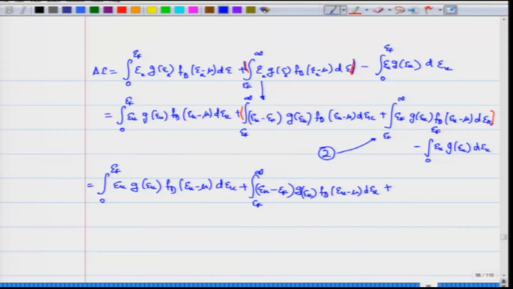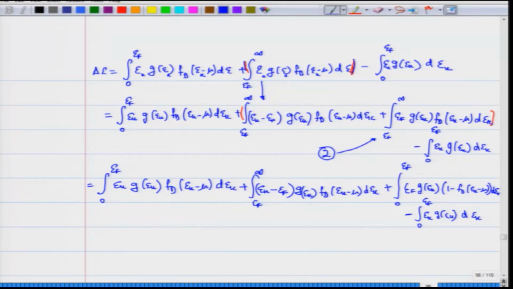So, now you will get your limits of integration as 0 to EF, G(Ek) (1 minus F_D) (Ek minus mu) dEk minus the integral of Ek G(Ek) dEk from 0 to EF.